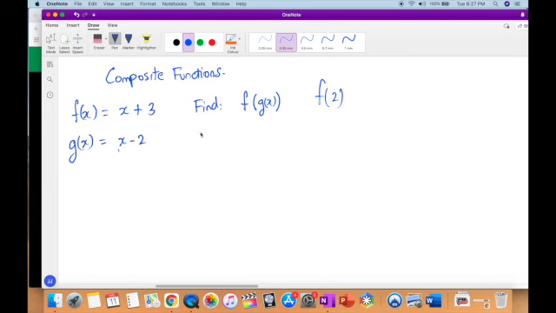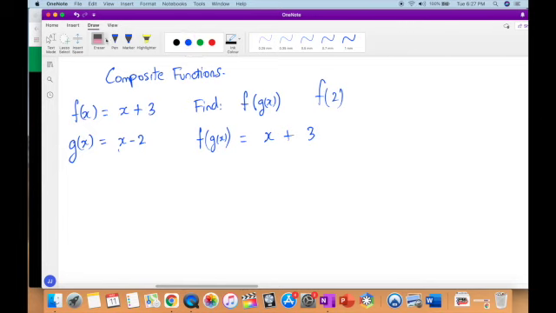If I have the f of the g of x now, that is taking the f of x, which is x plus 3. Remember, the f of x is x plus 3, but wherever I have x, I'm gonna put the g of x in there. What is the g of x? X minus 2.